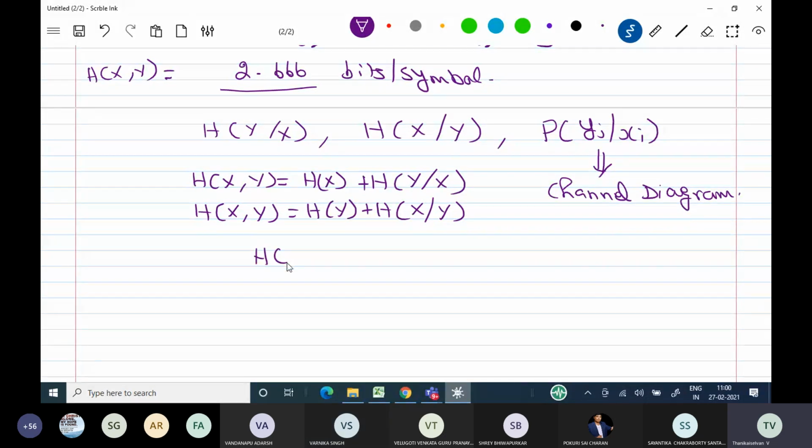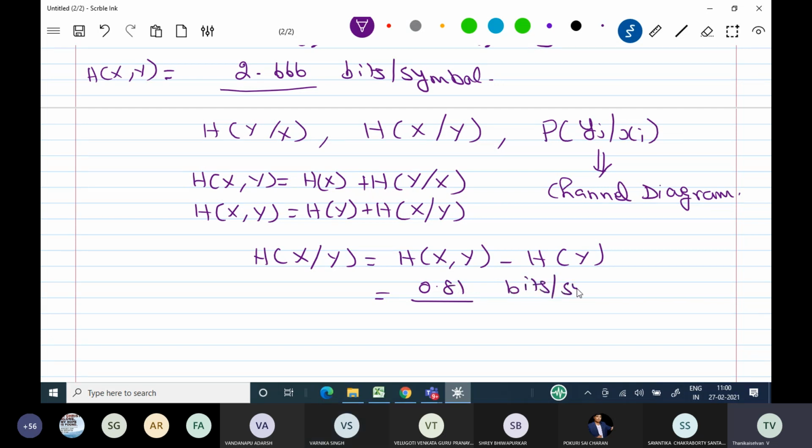H of X by Y is equal to H of X comma Y minus H of Y. What is the answer you are getting for this? 0.816 bits per symbol. Very good. Next one, H of Y by X. Very simple, because these are subtractions only, already available.